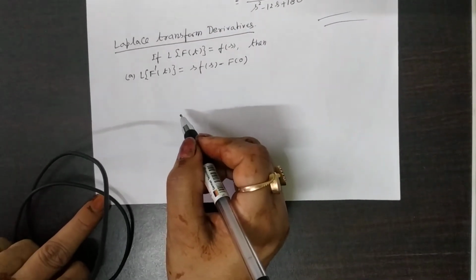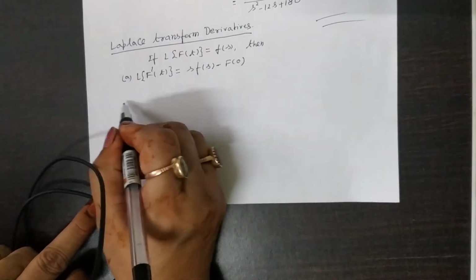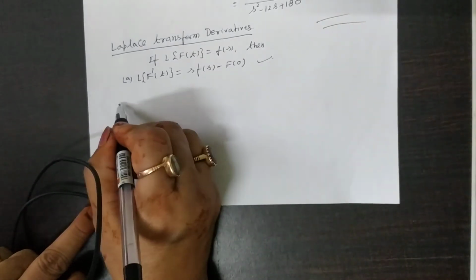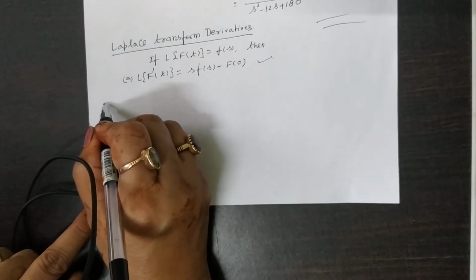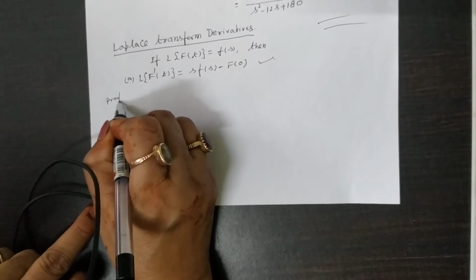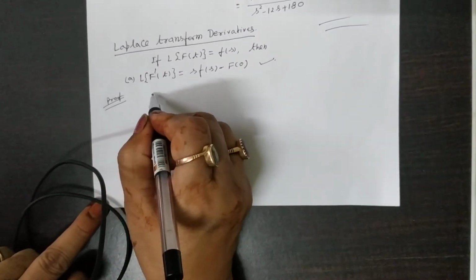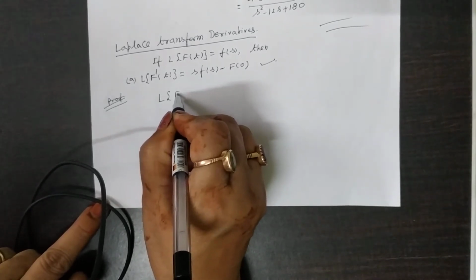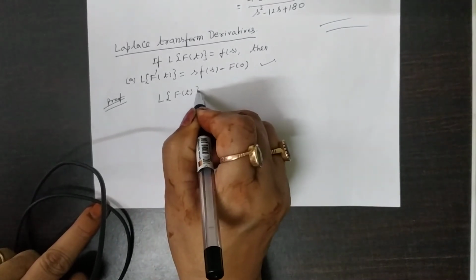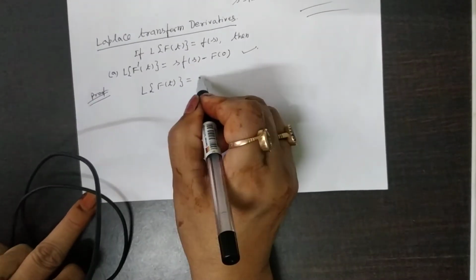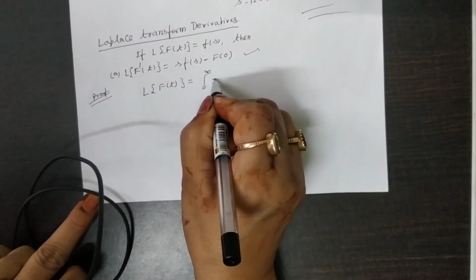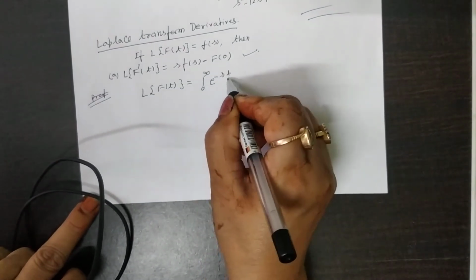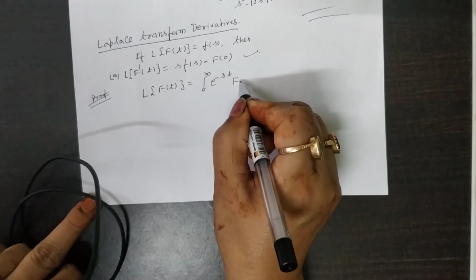This is the problem, and we will prove this result. Now you apply the main property of the Laplace transform, that is, Laplace of f(t) according to our definition is equal to the integral from 0 to infinity of e to the power minus st f(t) dt.